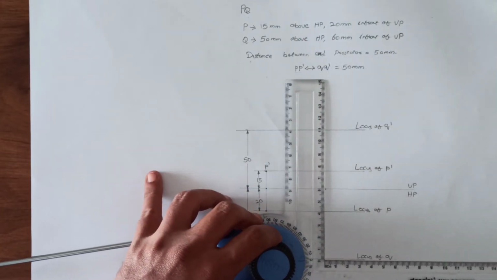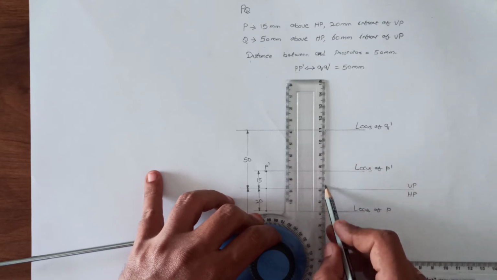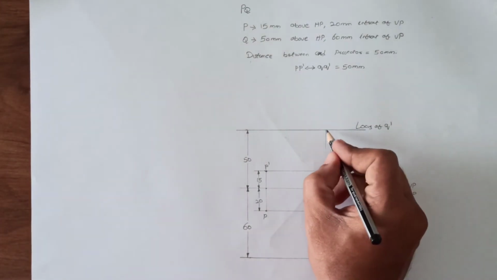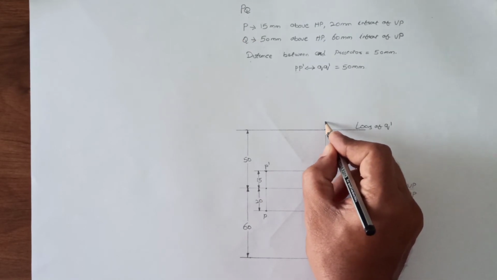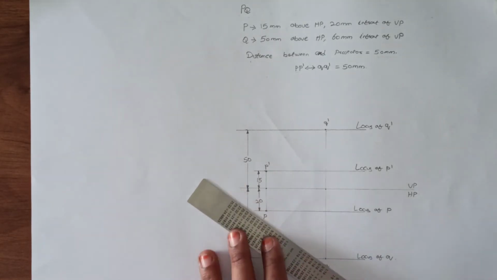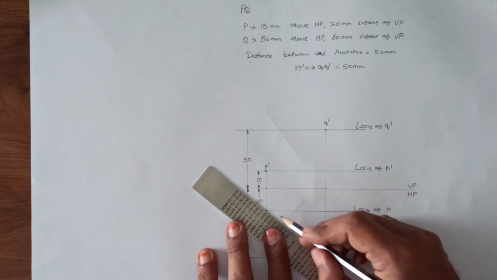From that point, draw a perpendicular line to the reference line so that this perpendicular line touches the locus line Q dash and the locus line Q. The intersection on locus Q dash is marked as Q dash and the intersection on locus Q is marked as Q. Next, connect the point P with Q and P dash with Q dash.